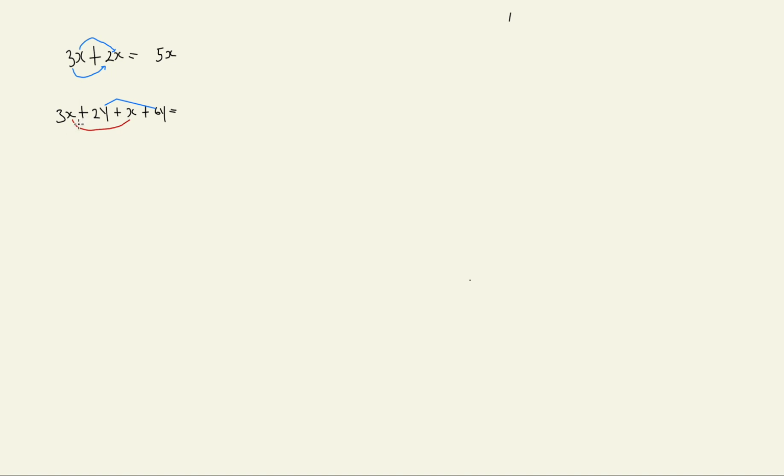So 3x cannot be added to 2y because they are not like terms. So in order to maneuver this equation, you're going to have to group like terms. So the next step after this is to group like terms.